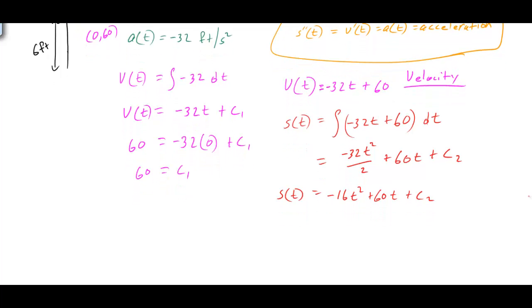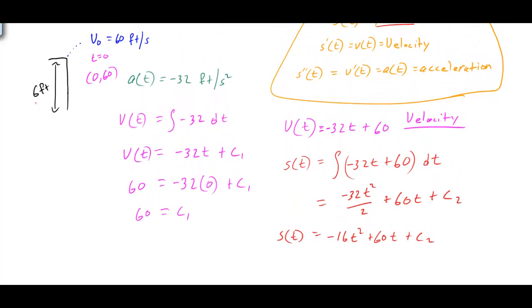So now, do we have enough information to find the constant c2? Well, we need to know the time and we need to know position. Well, if we look over here, we have 6 feet. This here would be your initial position. So that means this is going to happen at t equals 0.